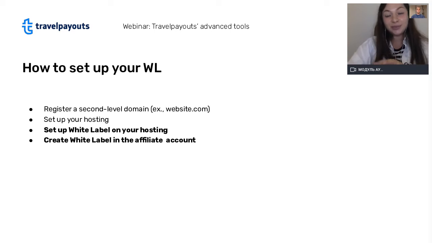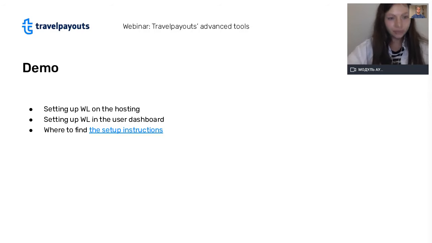And this webinar is about advanced tools, so I'm sure that all of you already have your domain and already know what hosting is, and you are familiar with hosting services. So the next steps are to set up the white label on your hosting and create the white label in the affiliate account. And today I will show you how to do that.